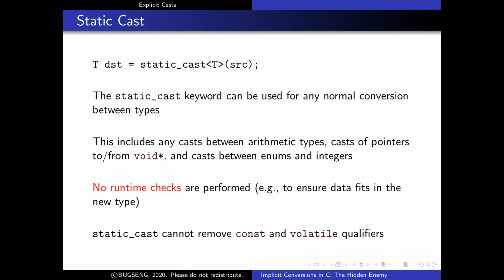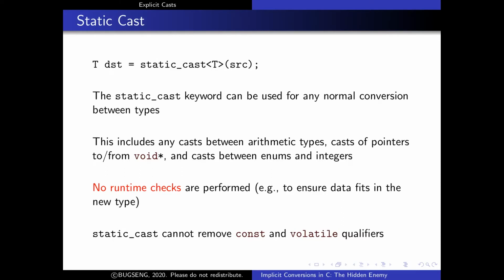So let's start with the static cast. Static cast is a keyword in C++, and it can be used for any normal conversion between types. What do I mean by normal conversion? A conversion where there is a more or less defined value conversion between one type and another.